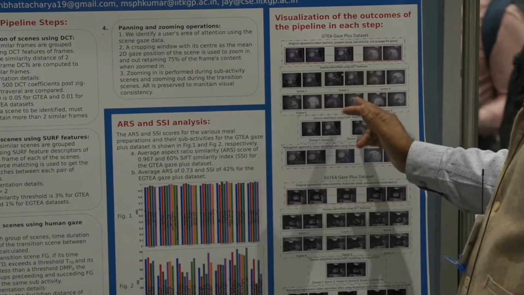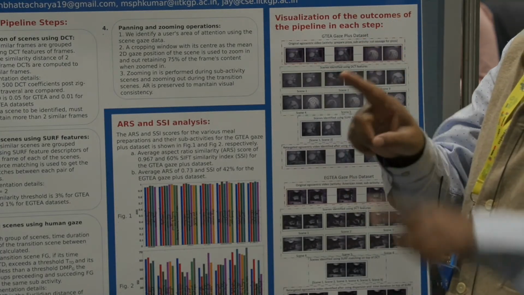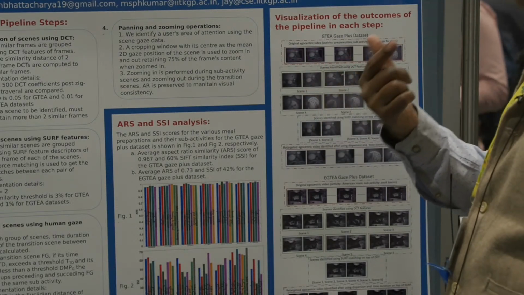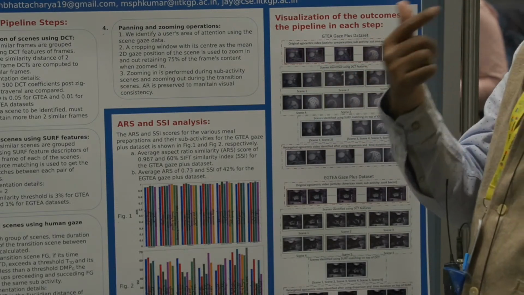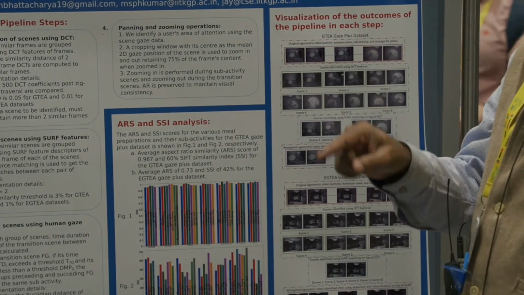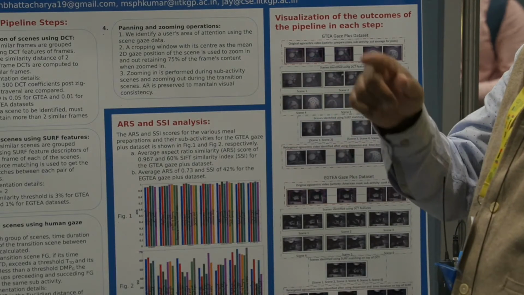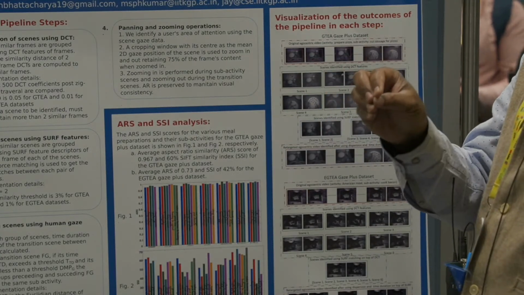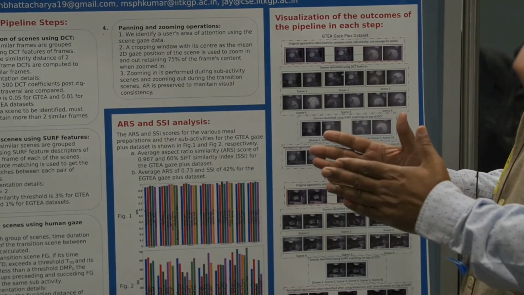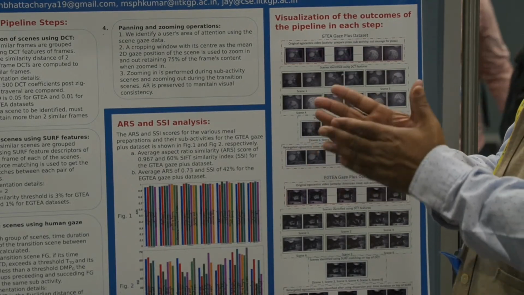So we have a further partitioning at the sub activity level, and then we try to get the focus of attention, and there the eye tracking information, the saliency, gaze information is important. So we considered a mean gaze position, because from the eye tracker you get the gaze information where the viewers are looking, so mean gaze position, and we look at the deviations of mean gaze positions in subsequent frames, and then we take out those video chunks.